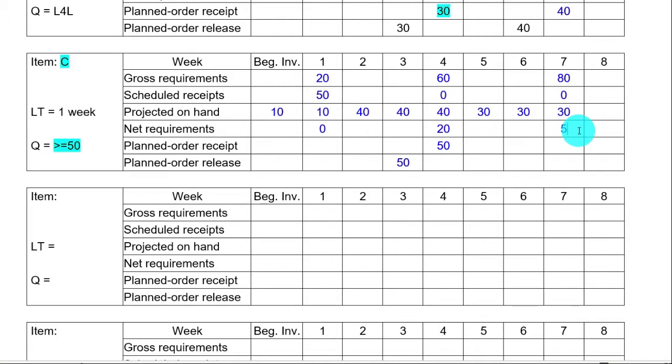You have 50 net requirements. At least 50 must arrive just in time in week 7. And luckily, the minimum order size is 50. So we'll place an order for 50. Okay, because 50 is good. So we'll place an order right here in week 6 because lead time is 1 week.